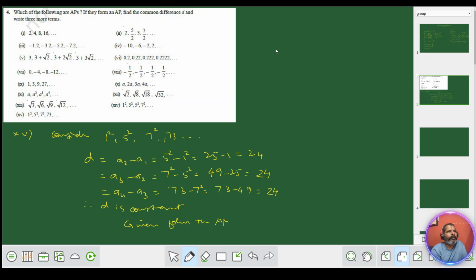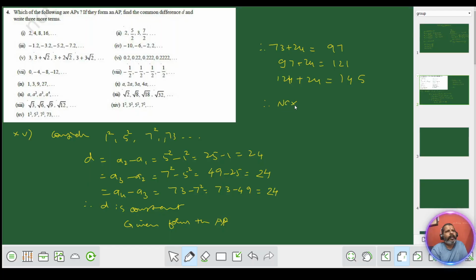Therefore, 73 plus 24 means 97. 97 plus 24 is 121. 121 plus 24 is 145.